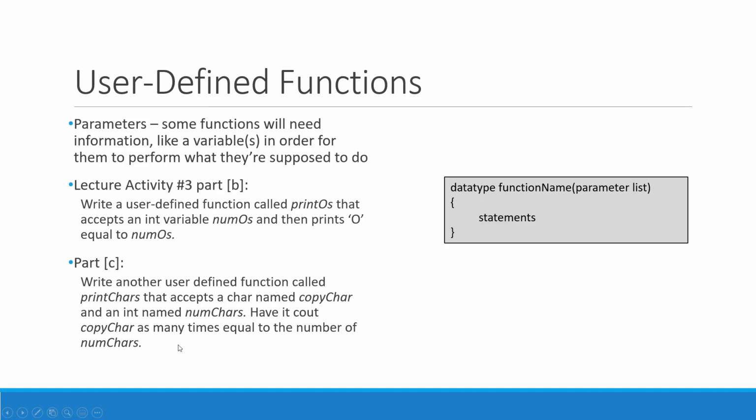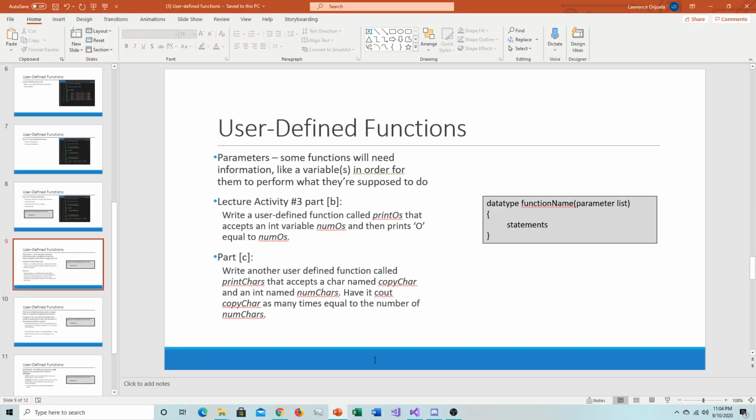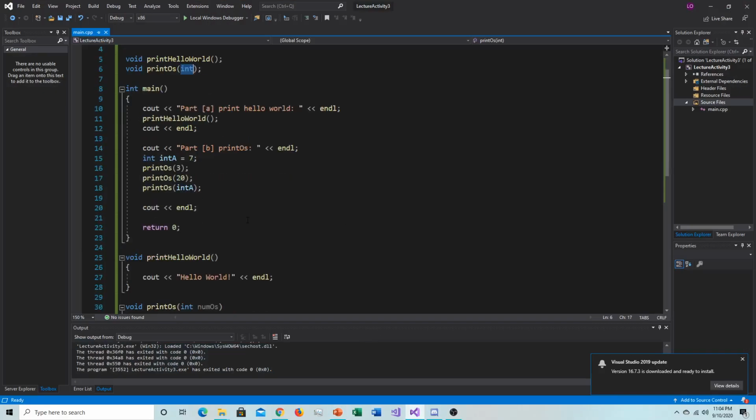Okay, so this user-defined function is a little bit different from the one we made in part B in the respect that it accepts 2 variables instead of just 1. Okay, we need to pass a car variable and an int variable, and that's not hard at all. In fact, I'll show it to you right now.